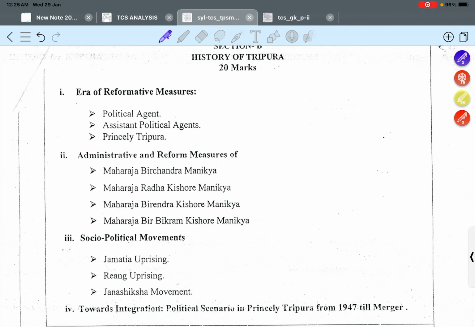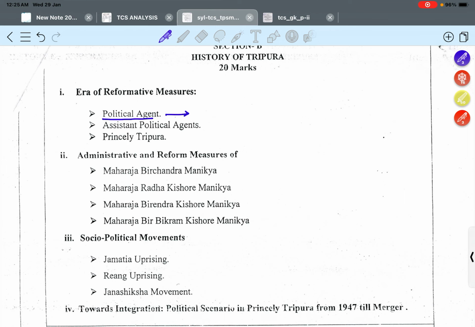Suppose the name of the topic is political agent. What will be the source for political agent? There is a book published by Tripura Info, or they also sell the PDF. In that particular PDF, I saw that the topic of political agent is more than enough for your TCS examination.